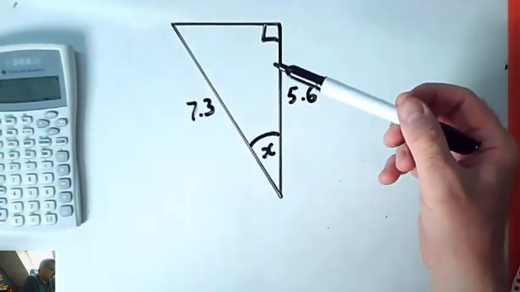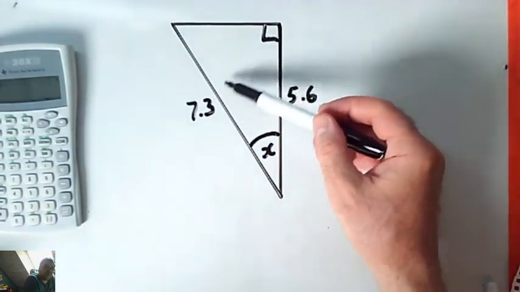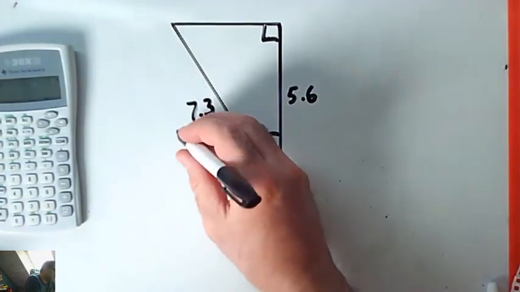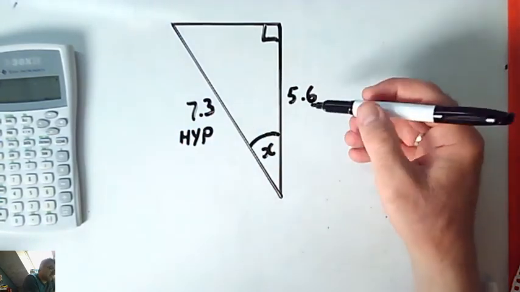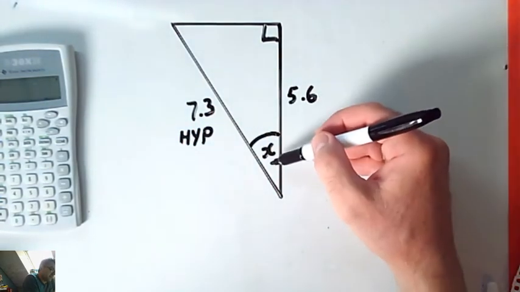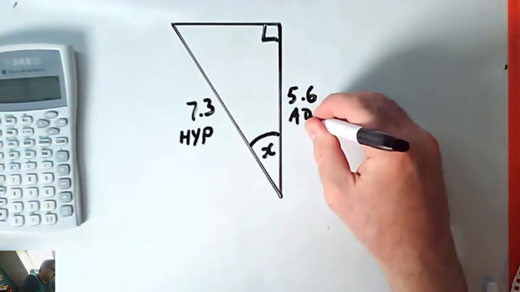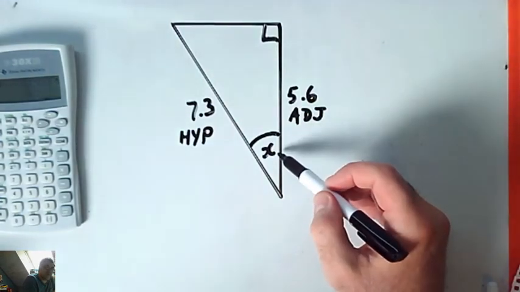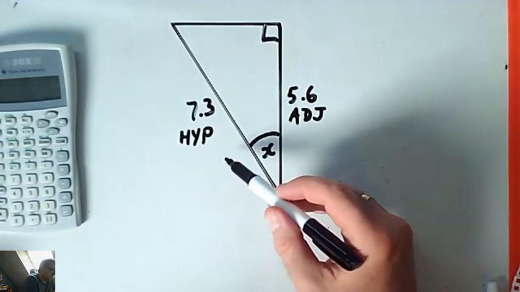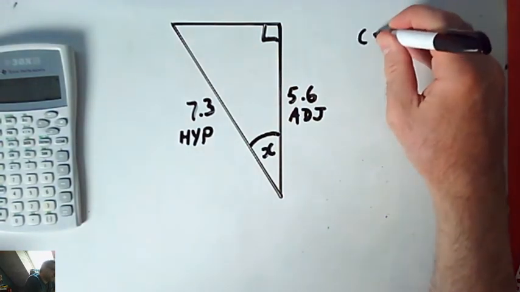So in any case, we've got the right angle there, so the 7.3 must be the longest side, so that's the hypotenuse. The 5.6 is next to the x, so in other words it's adjacent to the x. The adjacent is the one that's next to the angle we're talking about, but isn't the hypotenuse. So we are going to use cos again.